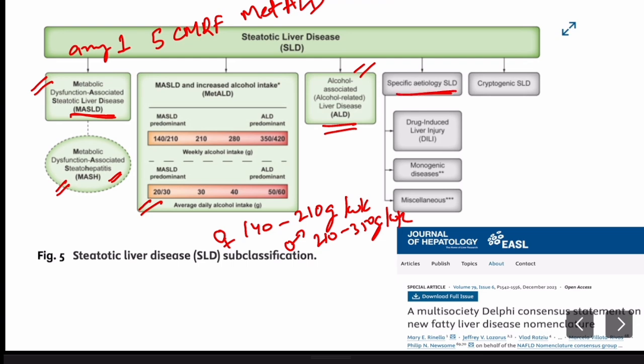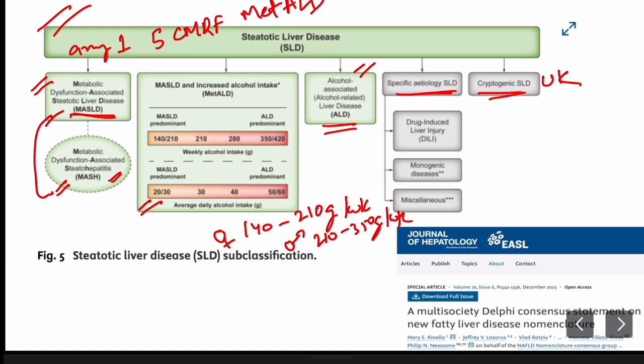It has got some specific etiologies like drug intake, certain drugs which can cause steatosis. And the last category is where the cause is unknown. That category is known as cryptogenic steatotic liver disease. So there's a very nice diagram. It shows the full spectrum of steatotic liver disease. The most important is MASLD and MASH, in which there is at least one cardiometabolic risk factor.